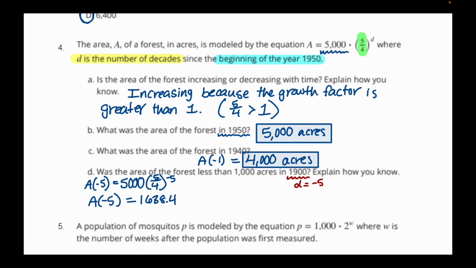So we can say no, because the value when D equals -5 is, we just say it is the 1,638.4.